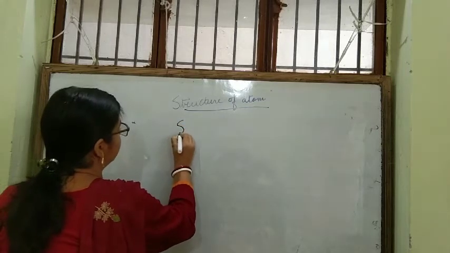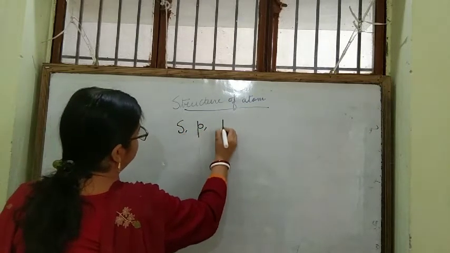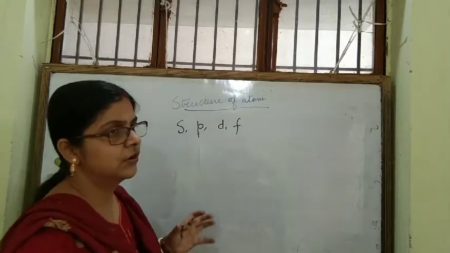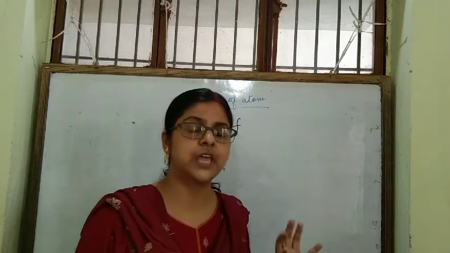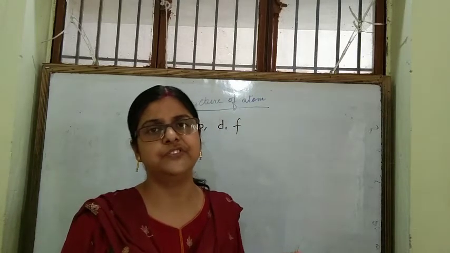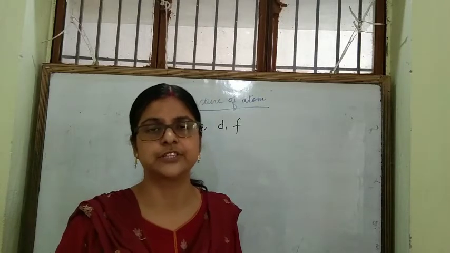Yes, you know there are 4 orbitals: s, p, d, f. The shapes of these orbitals are known to us, except the shape of f orbital, which is still to be discovered.